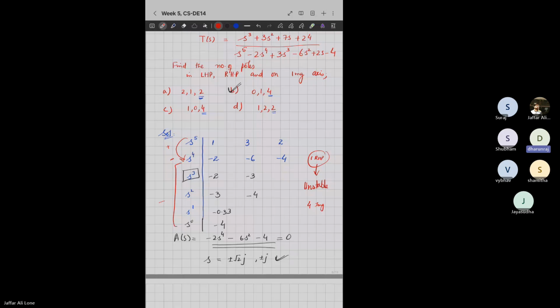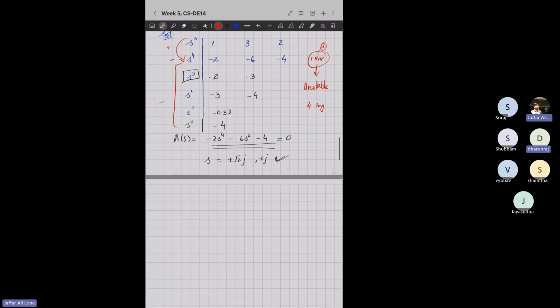Think and tell me. Anybody else can also unmute and answer. Assuming there is no pole in the RHP, this pole is in the LHP.